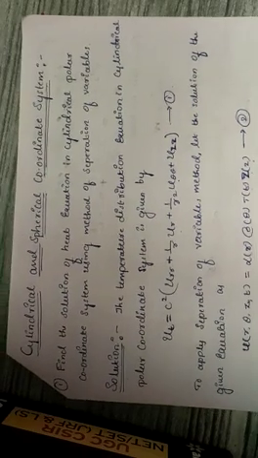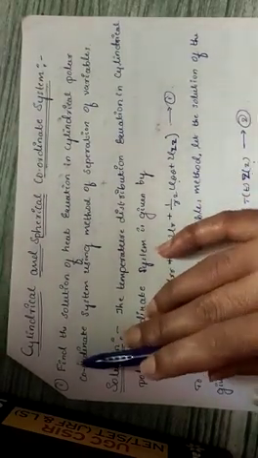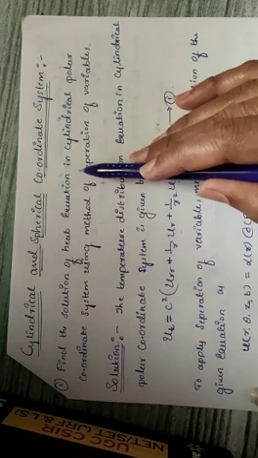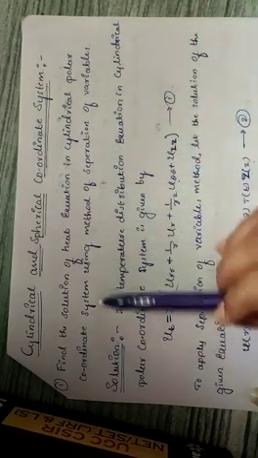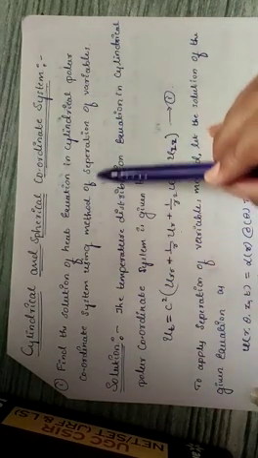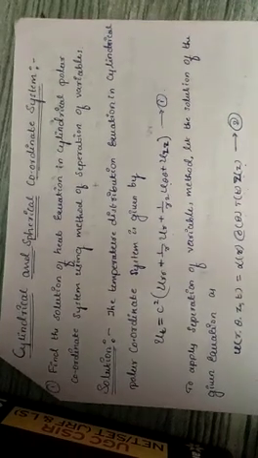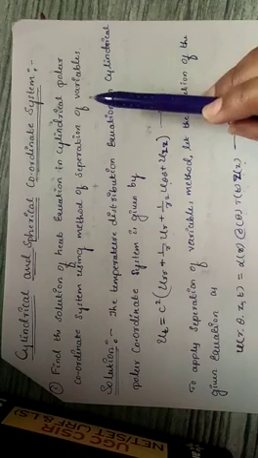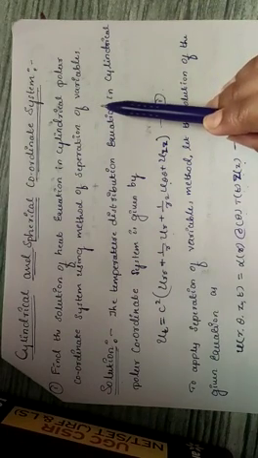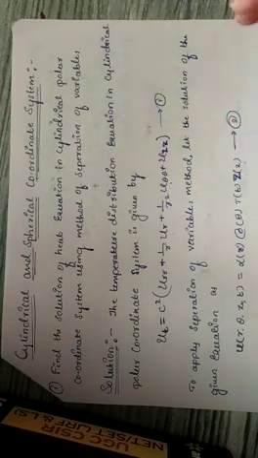Now look here, the problem is to find the solution of the heat equation in cylindrical polar coordinate system using method of separation of variables. Before solving this, first we write the mathematical formulation of the given problem.